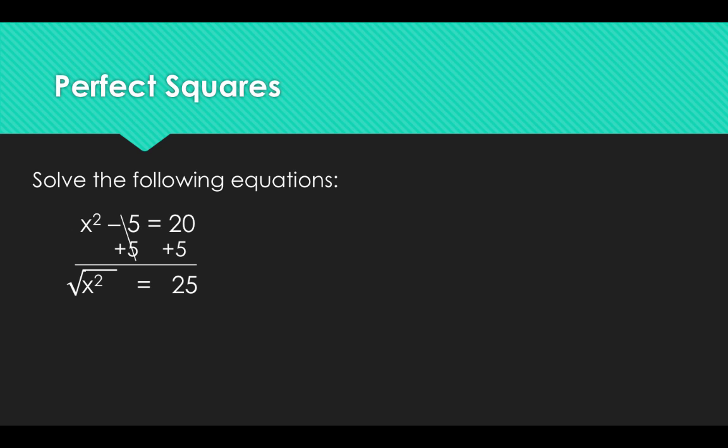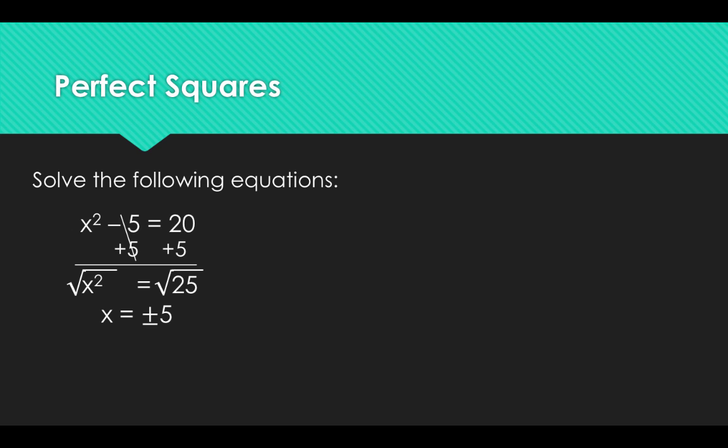But before that, we need to make sure we take the square root of the right side of this equation also. Remember, even when we're square rooting, whatever we do to one side of the equation, we have to do to the other. So on the left side, the square root and the square cancel each other out. So we're left with x. And then the square root of 25 is 5. But remember, we're taking the square root, so we need the plus or minus in front of it.